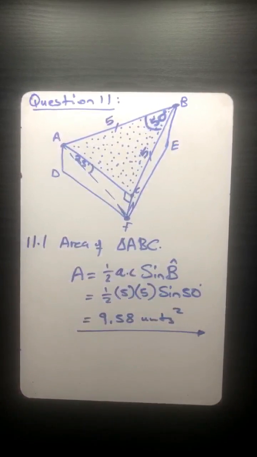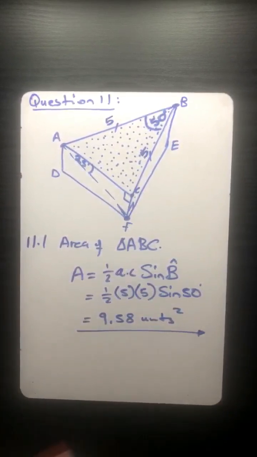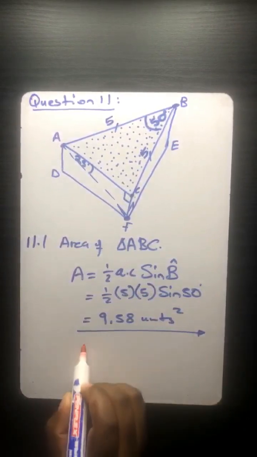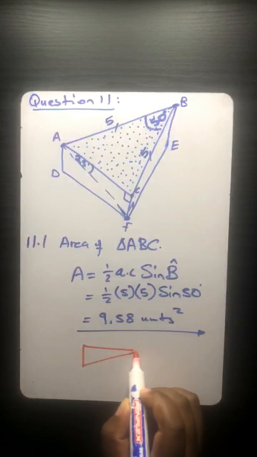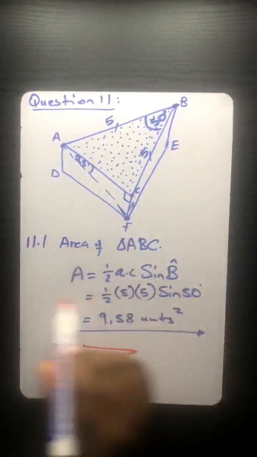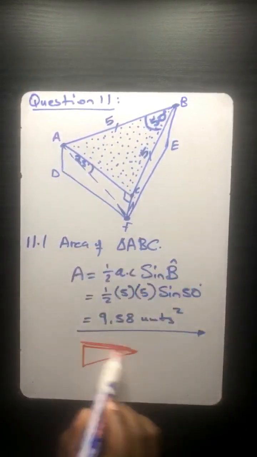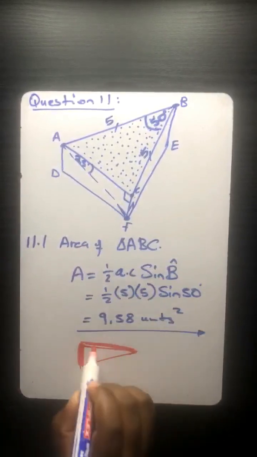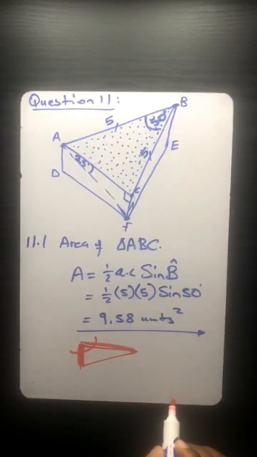So the honorable member there is 100% correct. What you need to remember at all times is that whatever triangle you are having, when you use the area rule, you use this side and also that side if you know those sides. But the angle has to be the angle between the two sides.